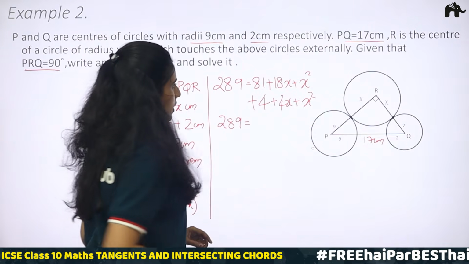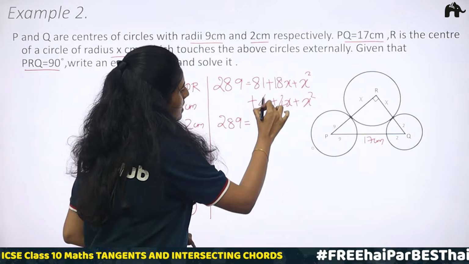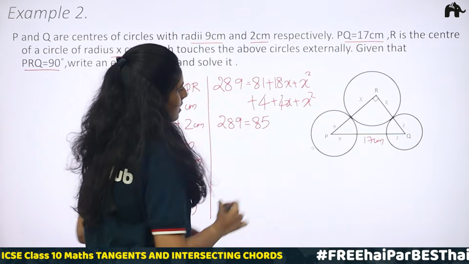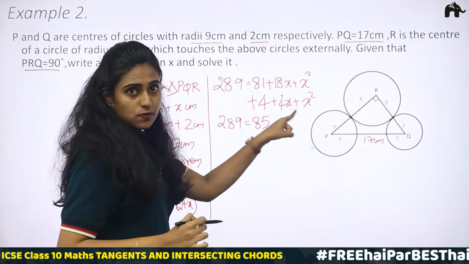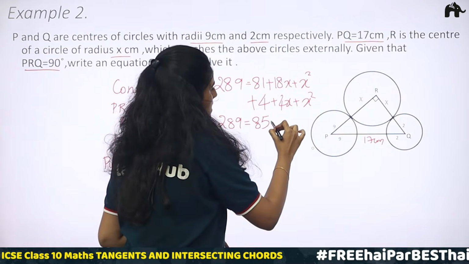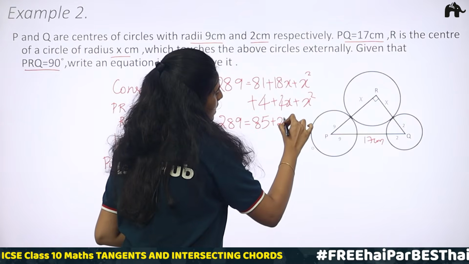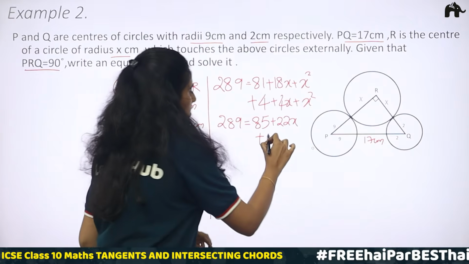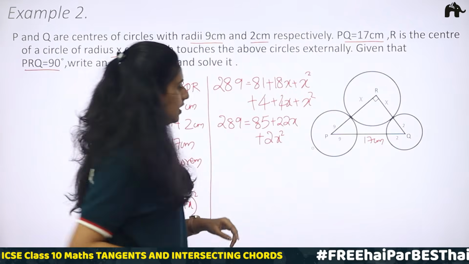289 is equal to 81 plus 4, we get 85. 18x plus 4x is 22x, plus x square plus x square is 2x square. Okay.